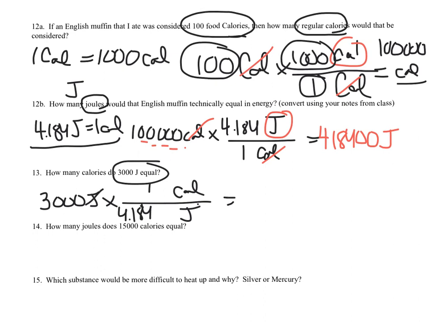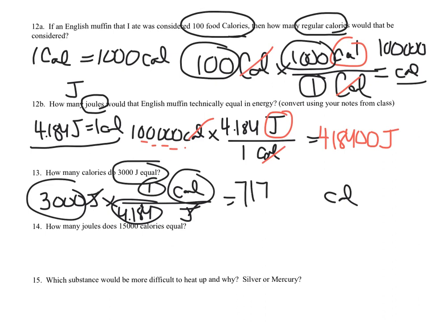I'm going to double check: do joules cancel? I'm left with calories in my answer. Now I just need to do 3,000 times 1 divided by 4.184. Let me plug that in my calculator, and I end up getting about 717.02 calories. That's how much 3,000 joules is equal to.